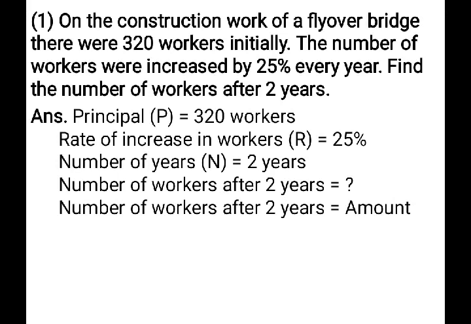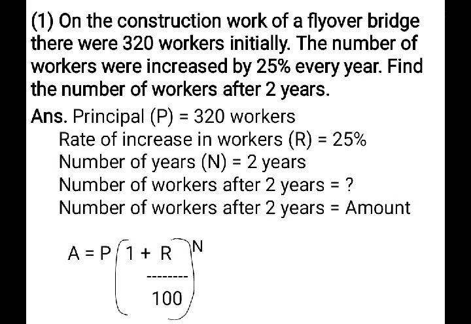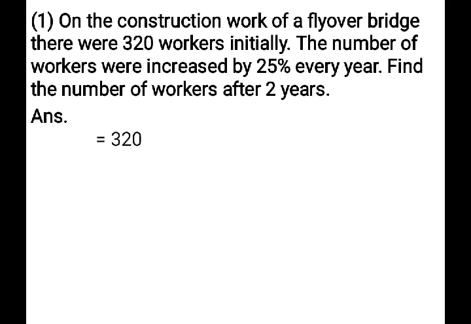The formula of amount of compound interest is: amount is equal to principal in bracket 1 plus rate of interest upon 100, raised to number of years. That is equal to principal 320 in bracket 1 plus rate of interest 25 upon 100 in bracket, raised to number of years, 2.